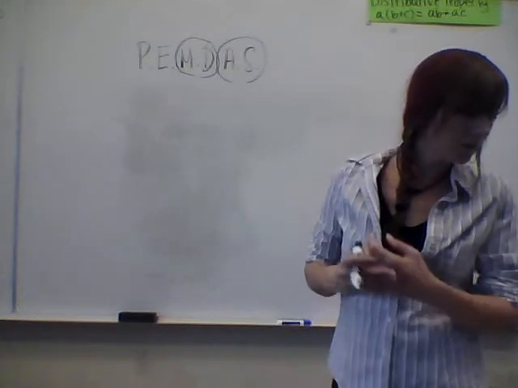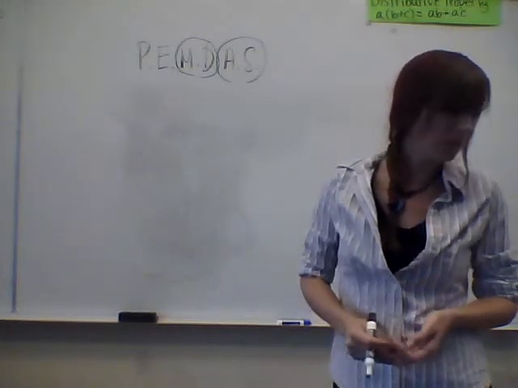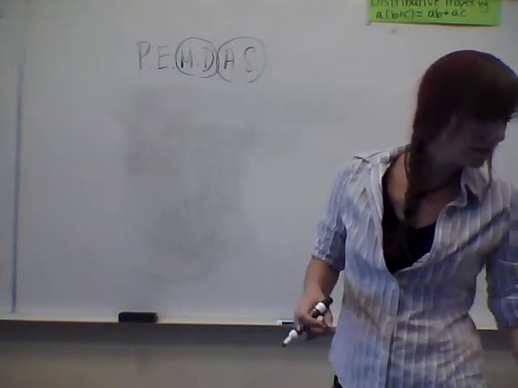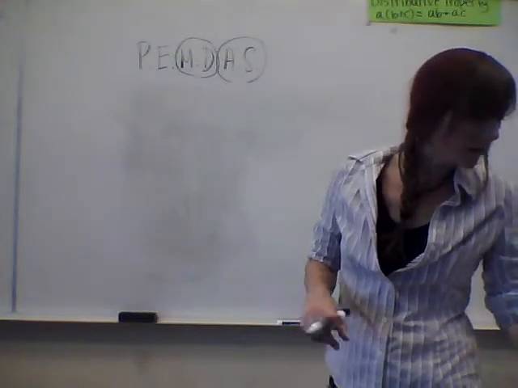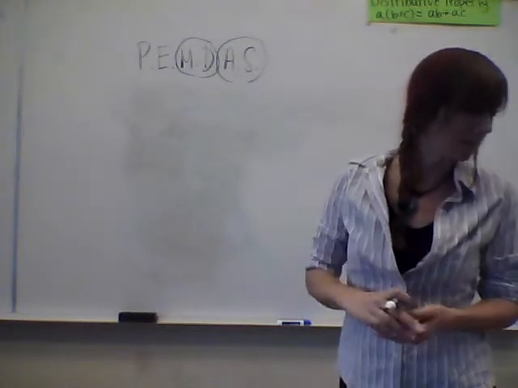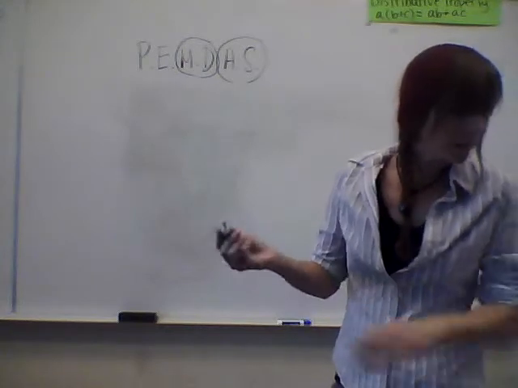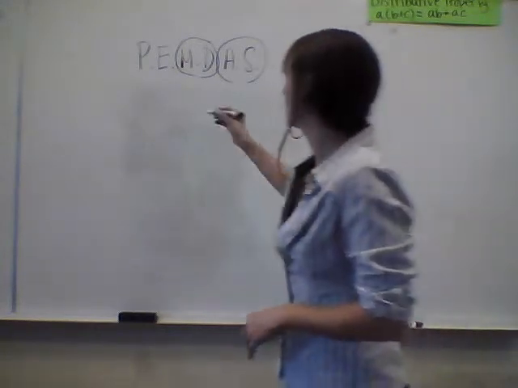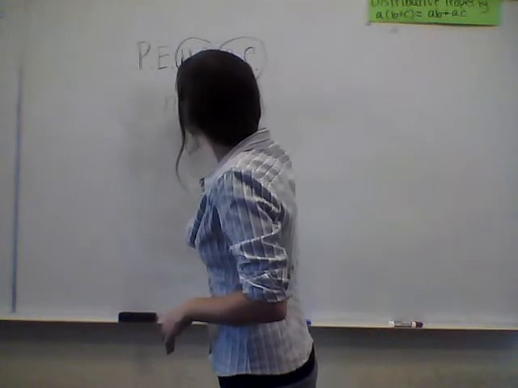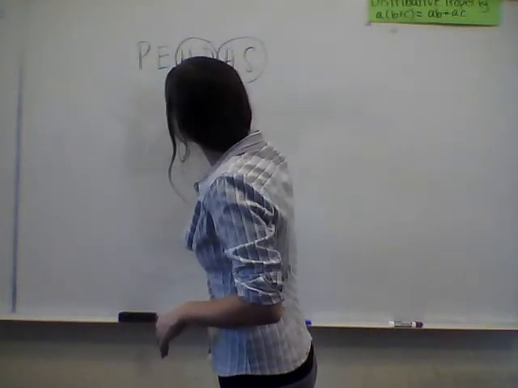Sometimes you'll have several variables, and they'll have to be multiplied in several different places. For example, m times n over 2. So remember, any fraction can be a division problem.